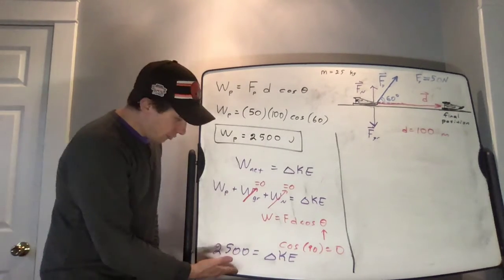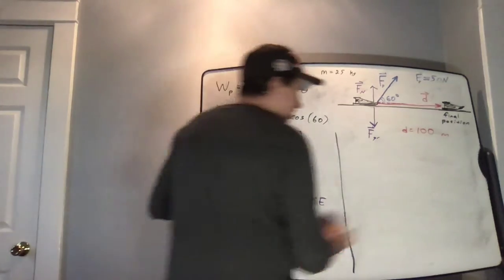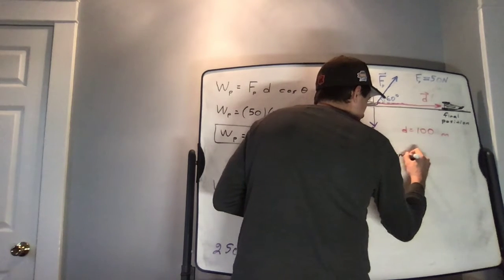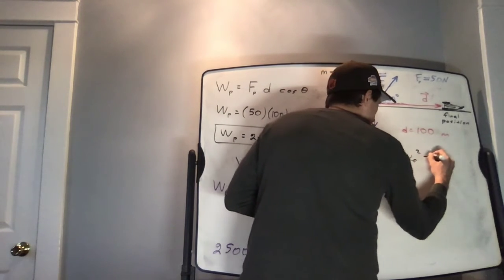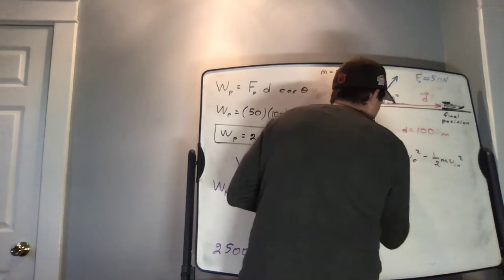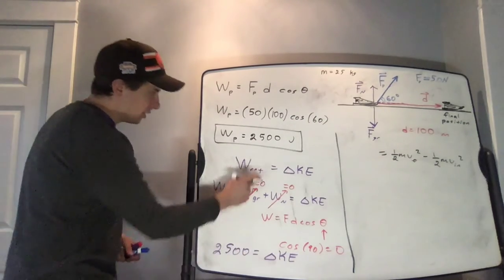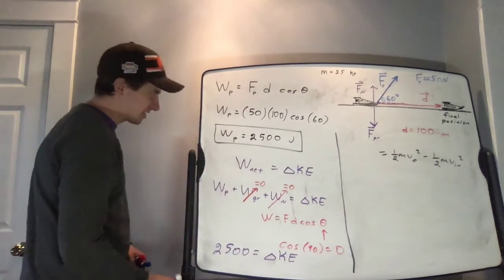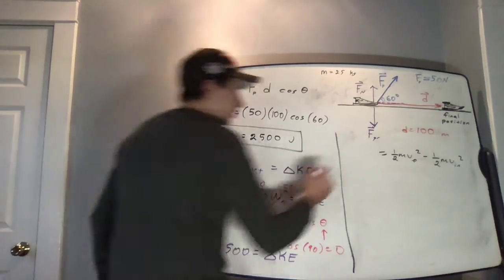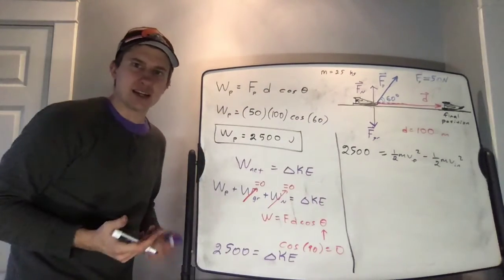So I'm going to now expand out delta KE and write the change in kinetic energy is 1/2 m v final squared minus 1/2 m v initial squared. And on the left-hand side of the work kinetic energy theorem, the total work done on the sled is still 2,500 joules plus 0 plus 0.